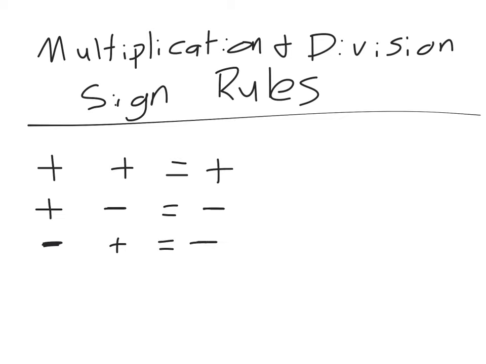That answer is also negative. Very good. And then what happens when you multiply a negative number times a negative number? Your final answer is positive. So those rules are the only rules you need when learning about the signs of multiplication and division.